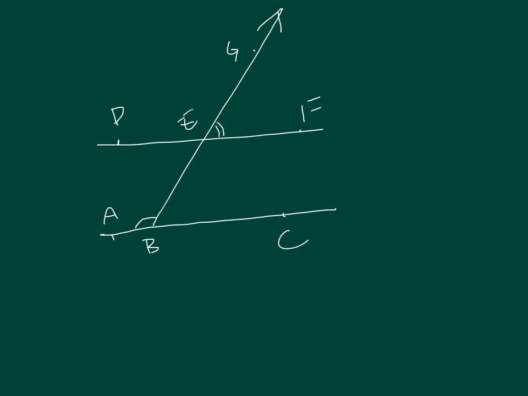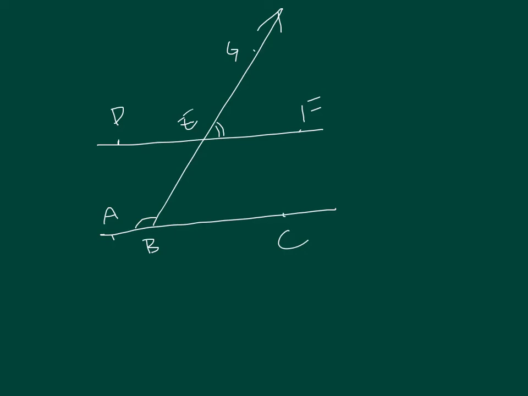That's the definition of supplementary angles. And then angle GEF is congruent to DEB right here, because vertical angles are congruent. And then the measure of GEF is equal to DEB, because that's the definition of congruent angles.